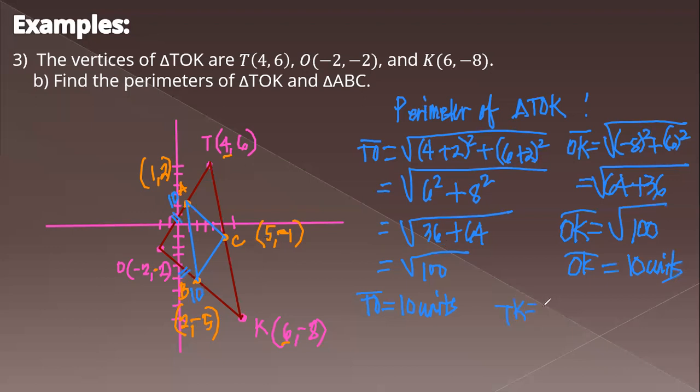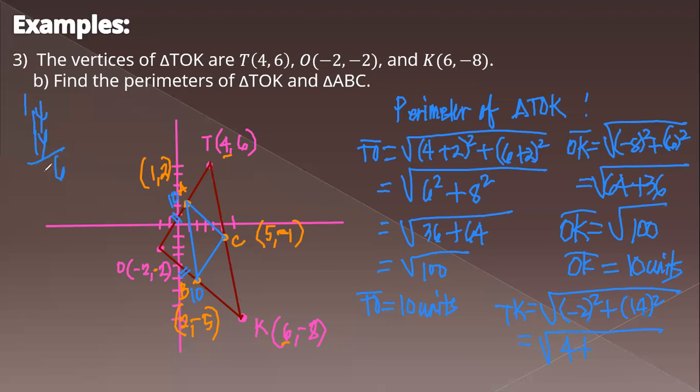Next, let us have segment TK. Segment TK is equal to the square root of 4 minus 6, that is negative 2 square, plus 6 minus negative 8. So magiging 6 plus 8. So that is 14 square. So that is equal to the square root of 4 plus 14 square. What is 14 square? So we have 196.